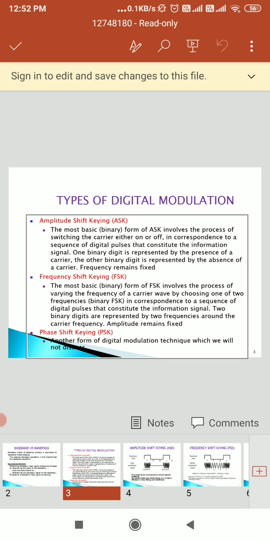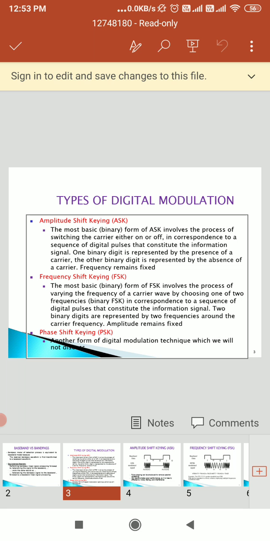And this is the most basic form of FSK, which involves only varying the frequency of the carrier by choosing one of two frequencies in correspondence to the sequence of digital pulses that constitute the information signal. So here two binary digits are represented by two frequencies around the carrier frequency.